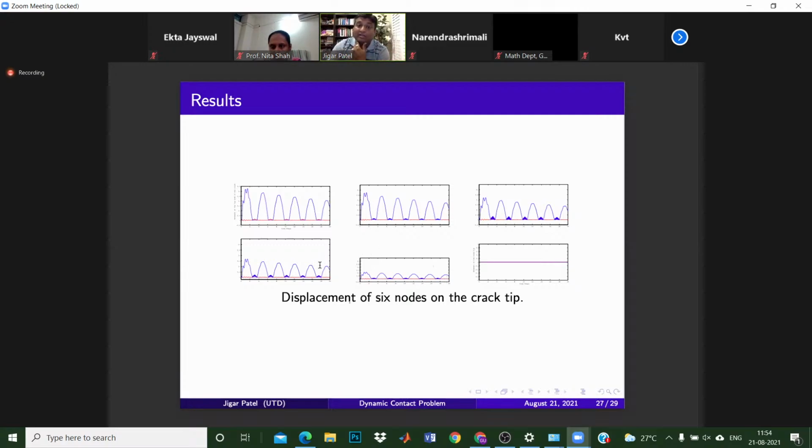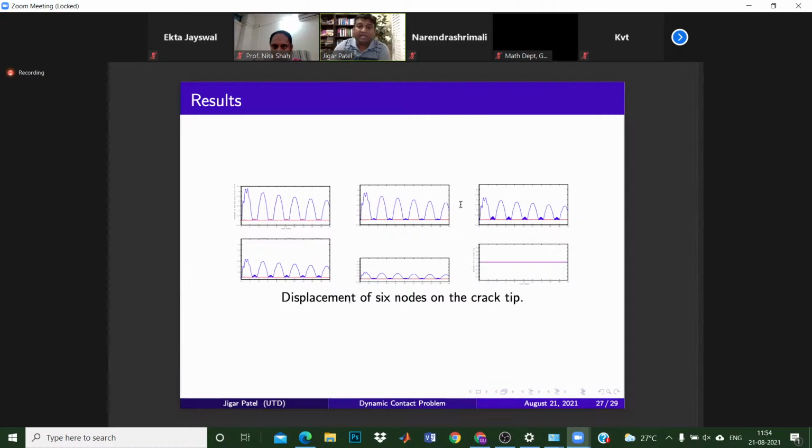The first picture in the second row represents the movement of the third node from the crack tip. And the first one shows the movement of the top node, the very first node on the crack itself.